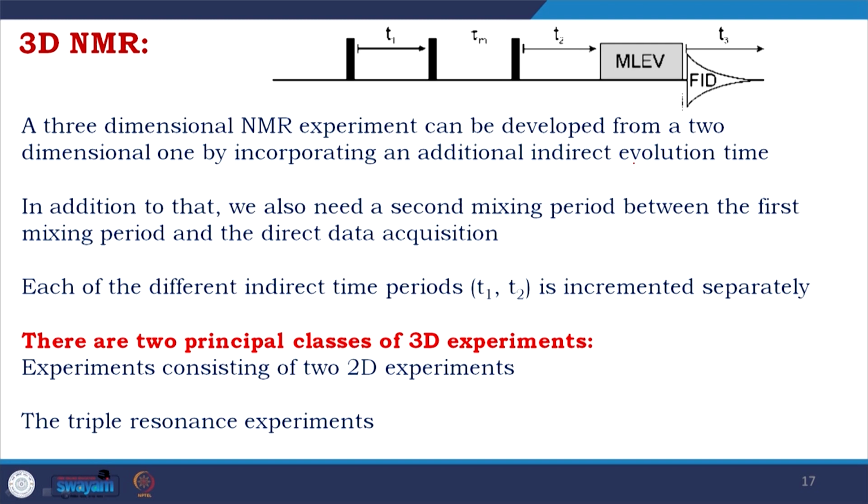So, one is if you have 1H and N15, you could get into another set of 2D experiments, but in triple resonance you need 1H, 13C, N15. So, that is why triple resonance experiments are really effective, but they are expensive.